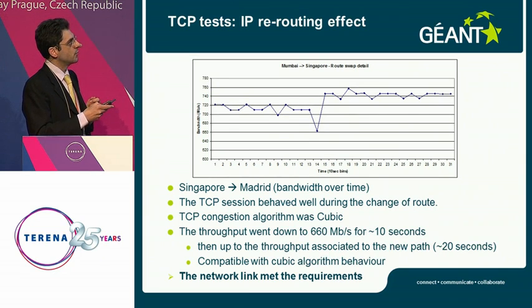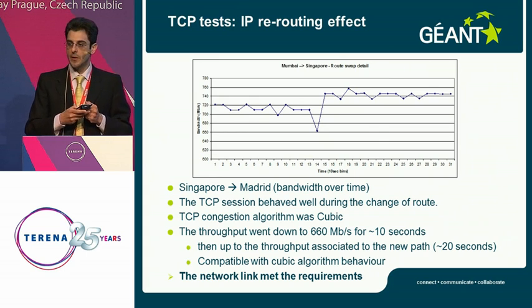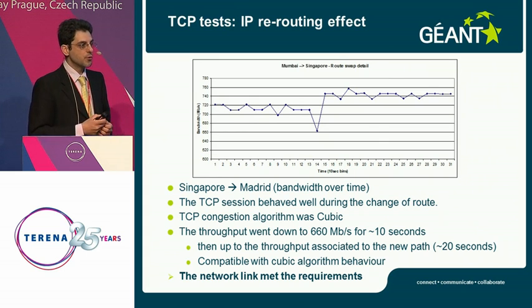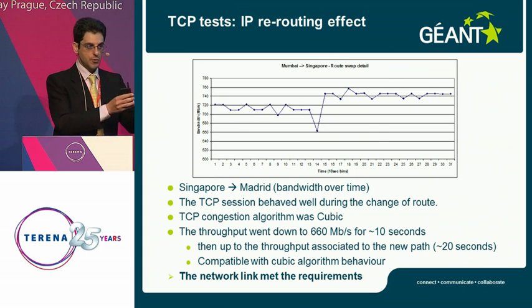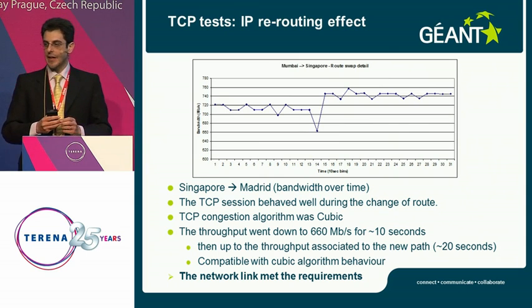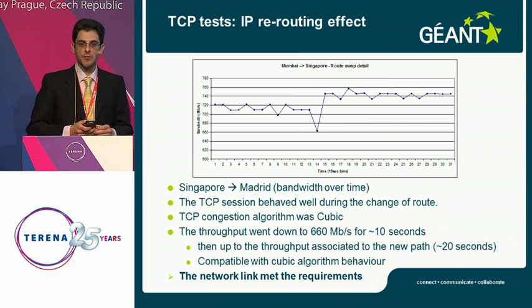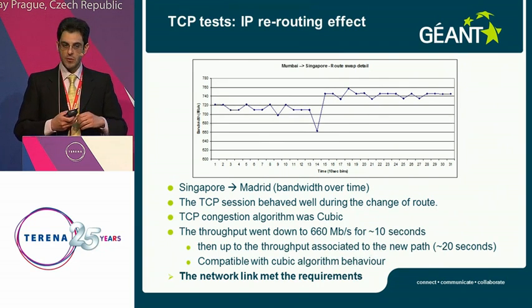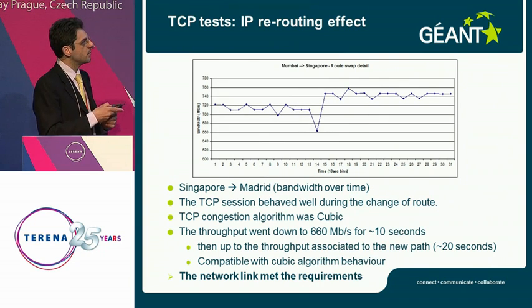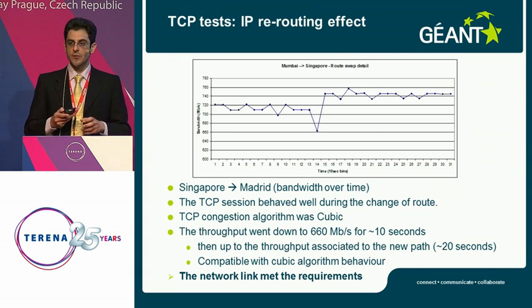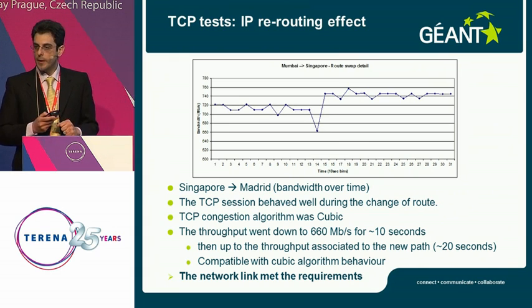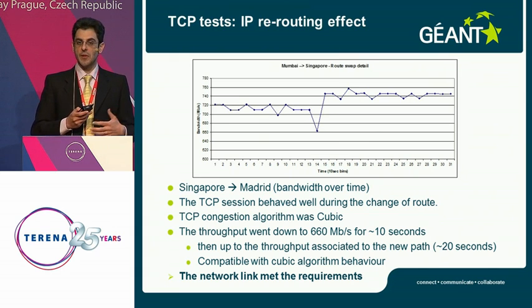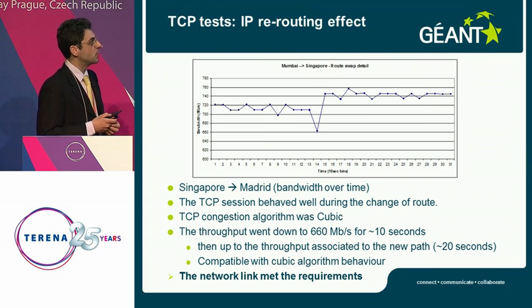We cut the route, so the bandwidth went down a little bit and then up again to the new route. So again, the connection was not lost. If the user were doing a really delicate, really important data transfer, it was not interrupted. It continued, and the only thing the user was experiencing was just a slight decrease in the connection speed for just 10-20 seconds.